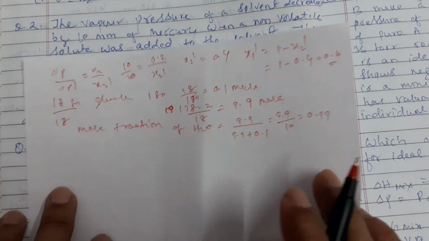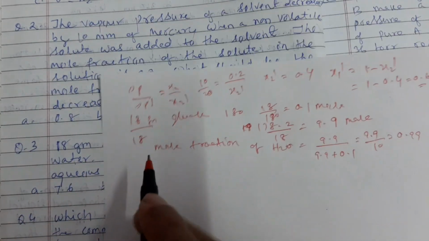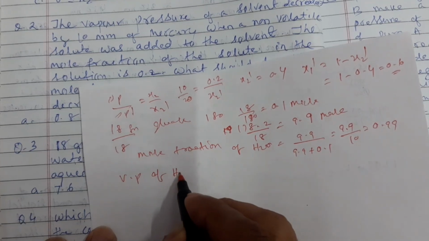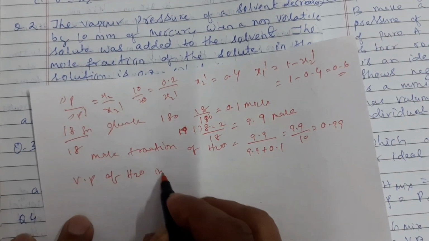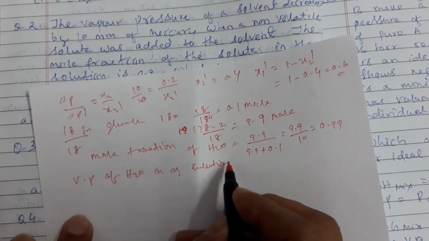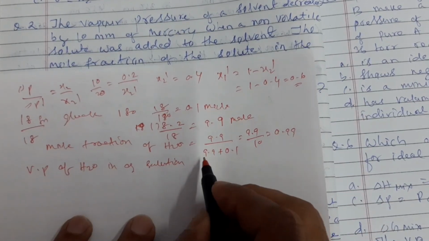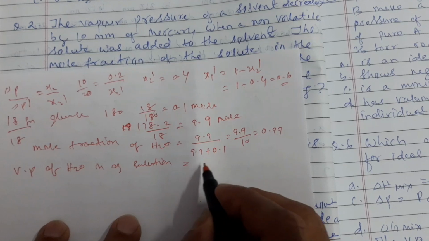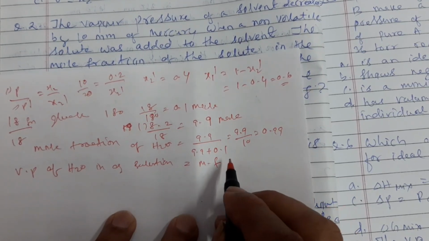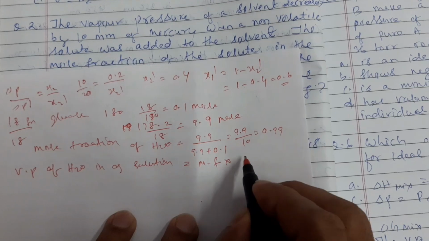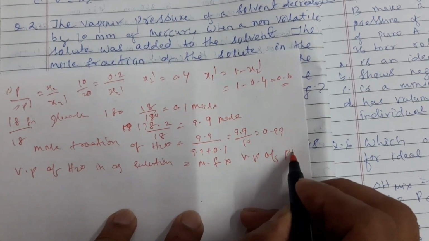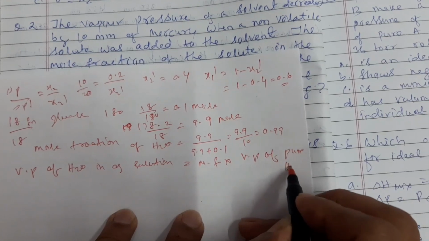So the vapor pressure of water in the aqueous solution is equal to the mole fraction of water multiplied by the vapor pressure of pure water.